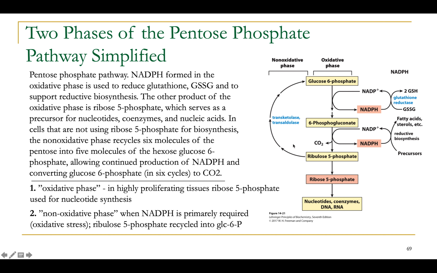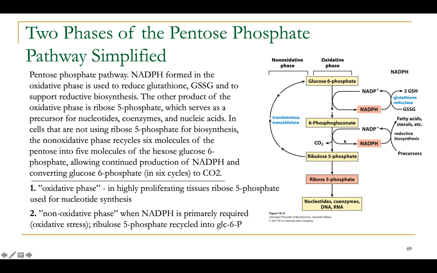And again, this pathway as such would not produce any downstream metabolites, but yield only the reducing equivalents in the form of NADPH and carbon dioxide.